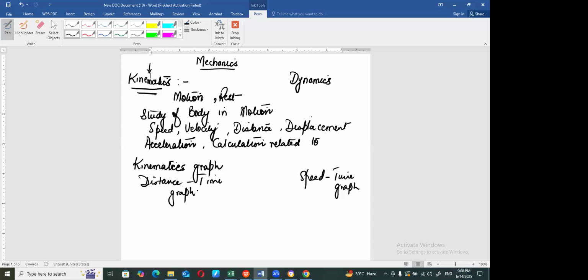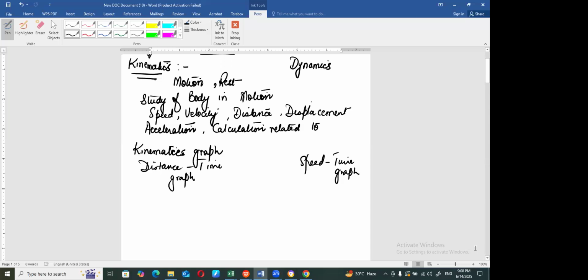Same thing for the speed time graph. How will we know the state of a car at the moment? So these are the things we are going to study. So let's start. Let's start with the start.